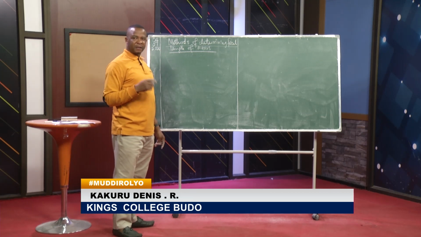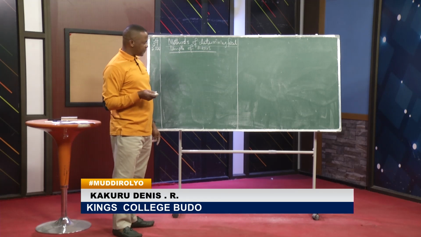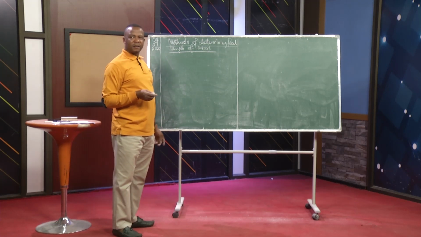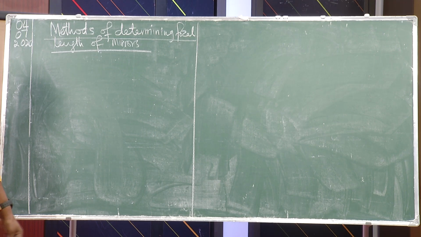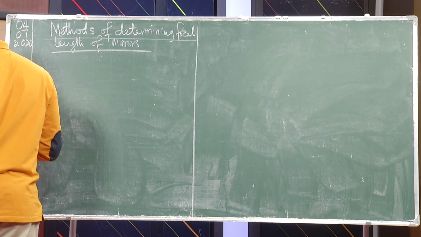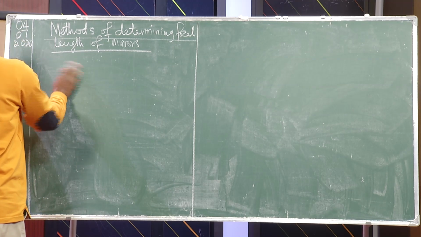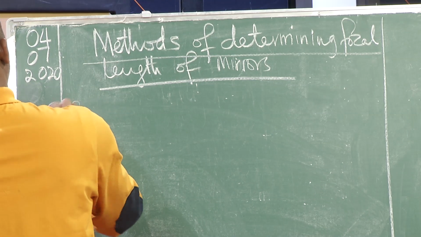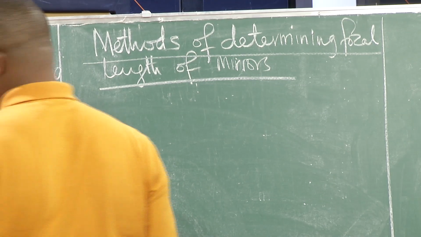It comes in paper 3, and usually either it is a mirror, or it is a lens, or it is a glass block, or it is a glass prism. But for purposes of refraction, we are focusing on the mirror, since we have not talked about refraction. There are several methods. I'll give out all of them.